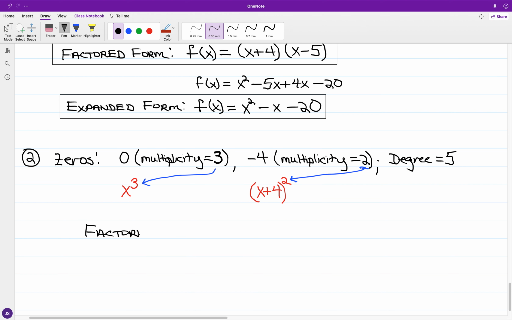So in the case of the factored form, f of x is equal to x to the 3rd times the square of x plus 4.